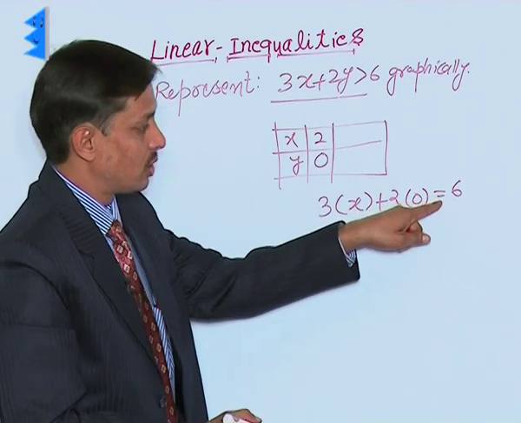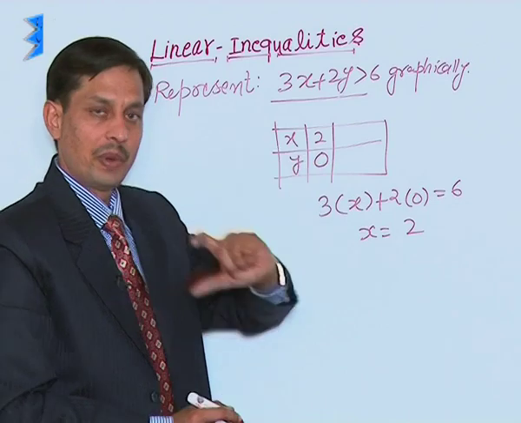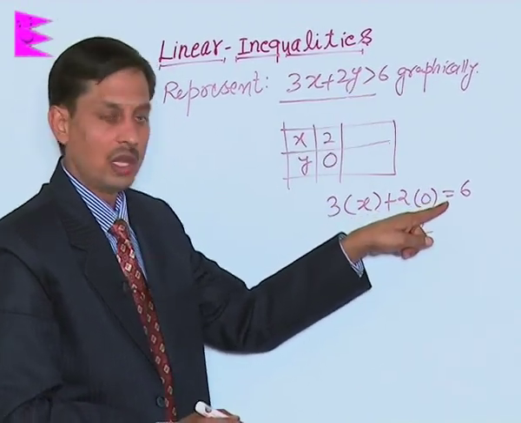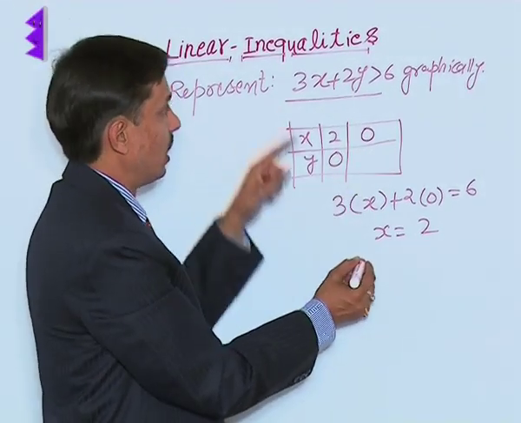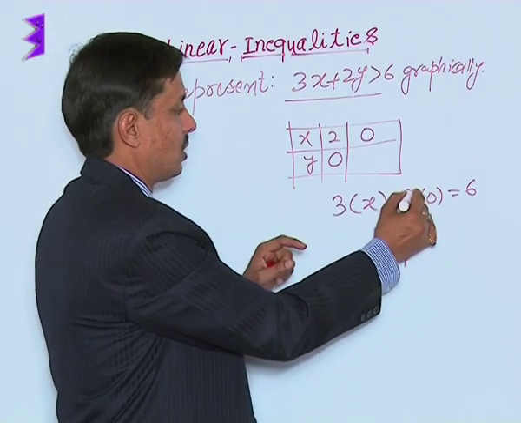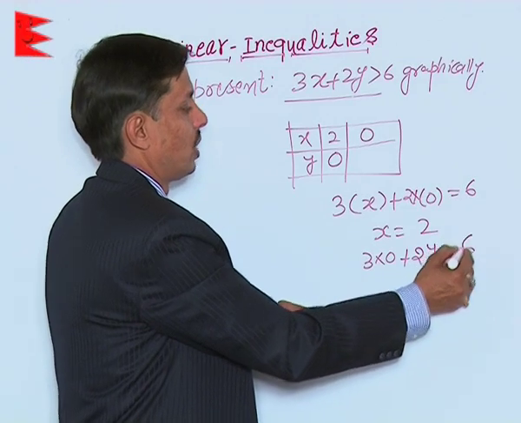It is assumed, since it is not possible to represent the inequality in the graph, that it is taken to be an equality. If the value of x is 0, in this situation, the equation will be 3 into 0 plus 2 into y is equal to 6.